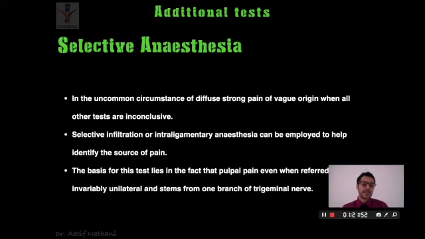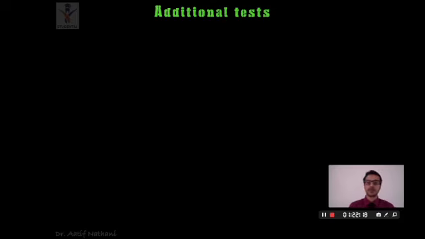The basis of this test lies in the fact that pulpal pain, even when it is referred, invariably is unilateral and stems from one branch of the trigeminal nerve. So if the patient tells you that there is pain on the lower aspect or the upper aspect or in the auricular area, you can use this test. If you are unable to get it, you need to block it. I'll tell you the technique in the further slides.